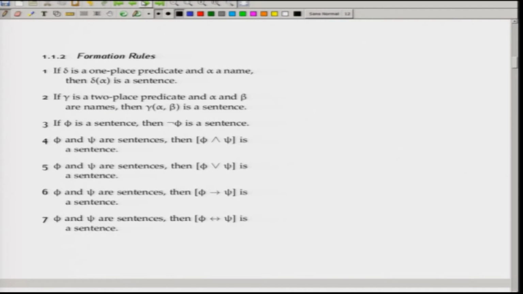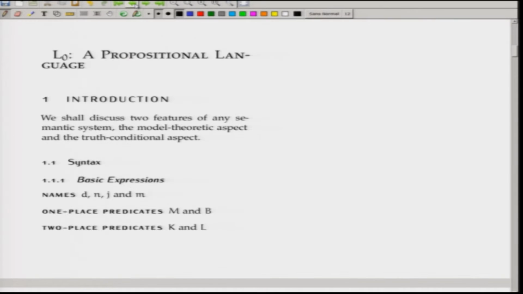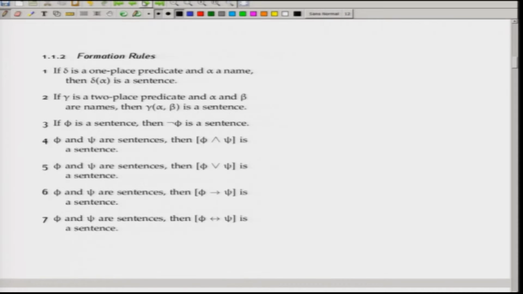So for example, we have 2 one-place predicates, M and B. M is a one-place predicate, and D is a name, so MD becomes a sentence.